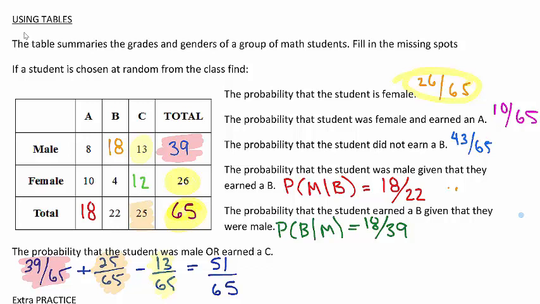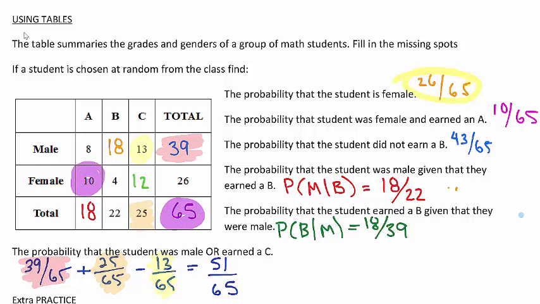The probability that a student is female and earned an A: you could use the multiplication and addition stuff that I showed you, but you have to be careful about independence for the multiplication. Instead, think about it. How many are female that earned an A? 10 out of 65.